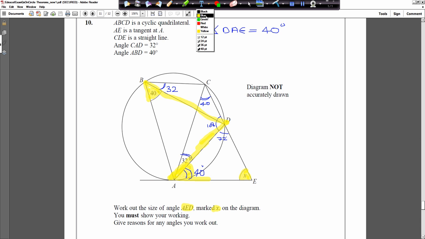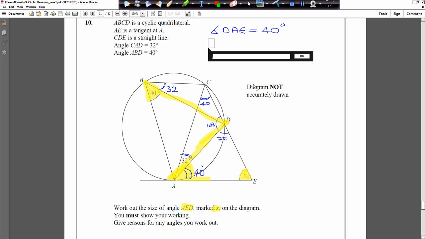So let's go to text mode. Okay, right. What do we say? What is the nice way of saying that? We say alternate segment. We say the angle between a tangent and a chord equals the angle in the opposite segment. Or we could say angle DAE is equal to angle ABD, alternate segment.